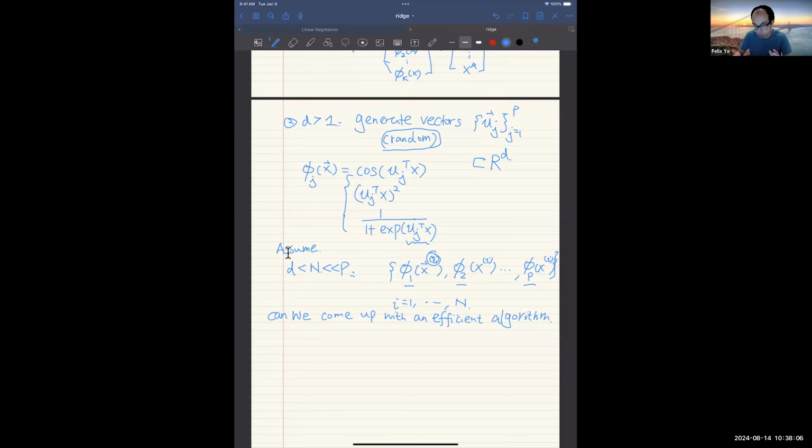What that means is I want to avoid calculating phi_j of x_i explicitly.